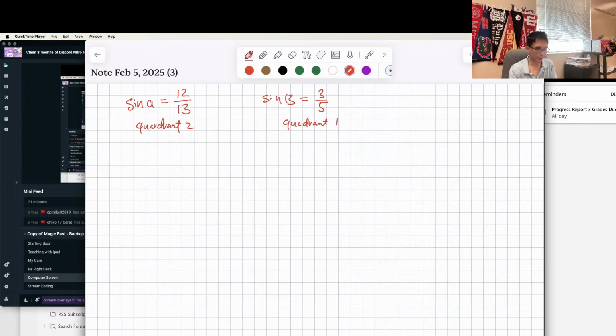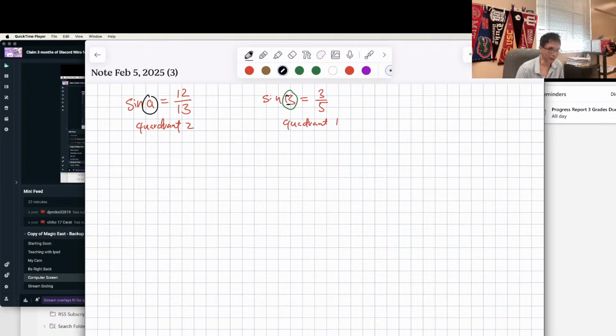I'm telling you there are two angles, one angle in quadrant 2 and one angle in quadrant 1. Recognize that one is angle A and one is angle B. So I'll circle them so you know. This is B and this is A. This is actually really easy.